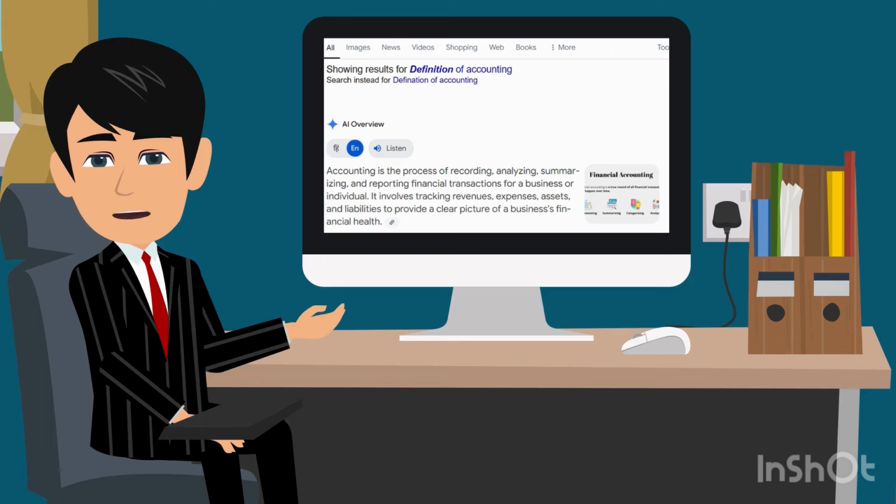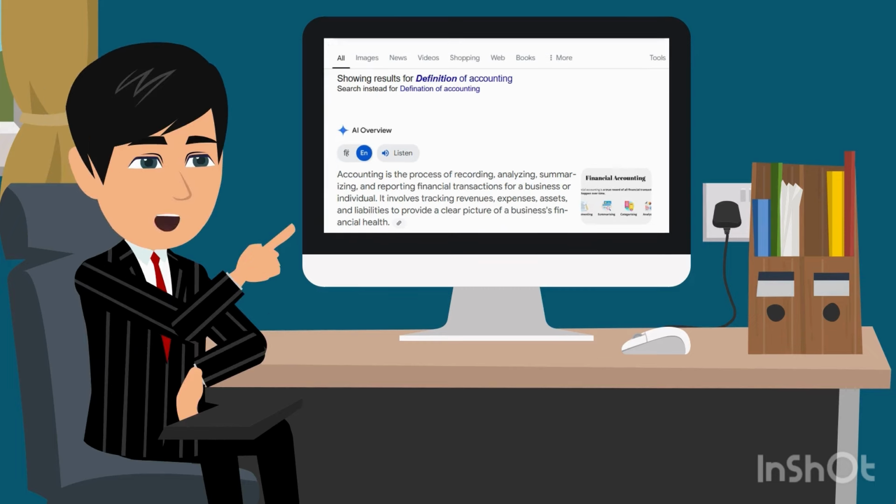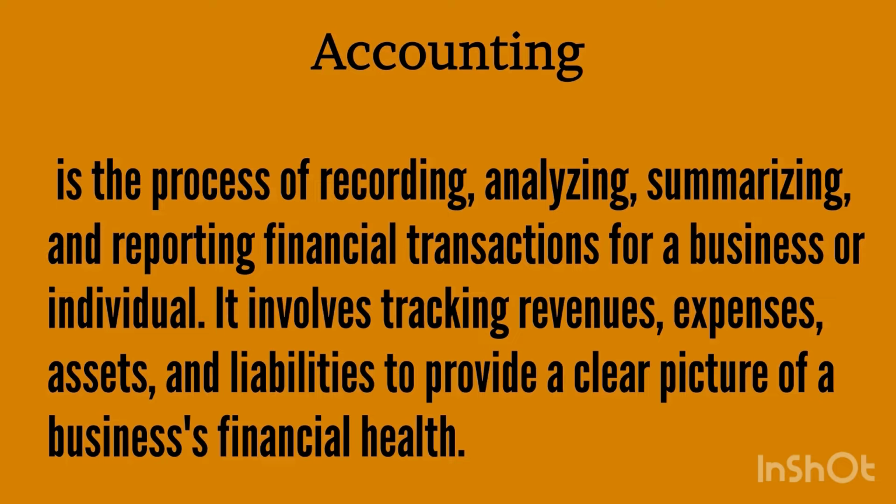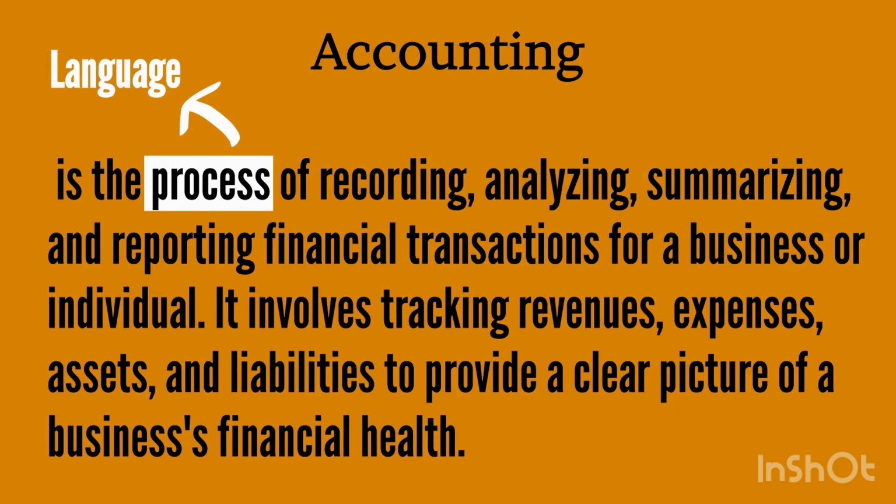So, where were we? We were at the definition of accounting. Accounting is the process of recording, analyzing, summarizing, and reporting financial transactions for a business or individual. Now, when we say process, what do we really mean by that? Well, in this context, process is like a language we use to communicate.